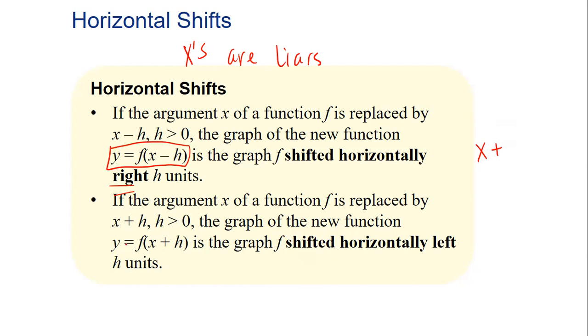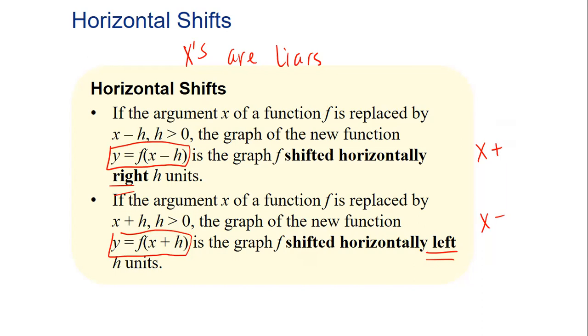Now, when we have Y equals F of X plus H, and it says you're shifting to the left, the only way mathematically I can shift to the left is to subtract from the X values. That's why we say our X's are liars, because we look at it like, oh, instantly, you went to the left. I subtracted.